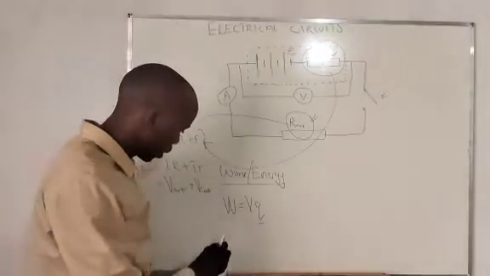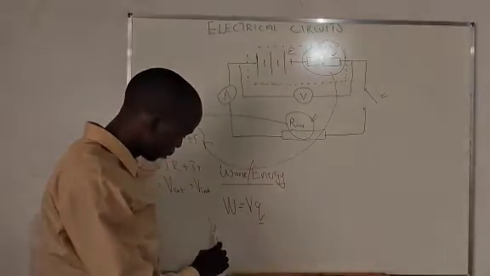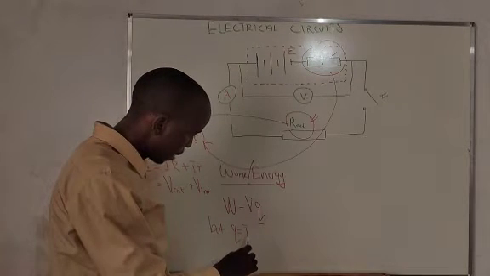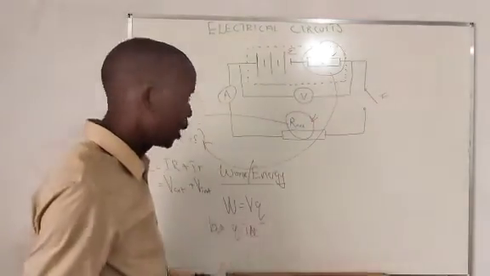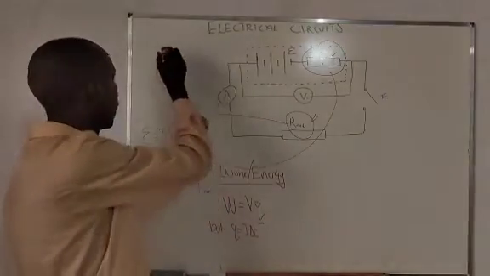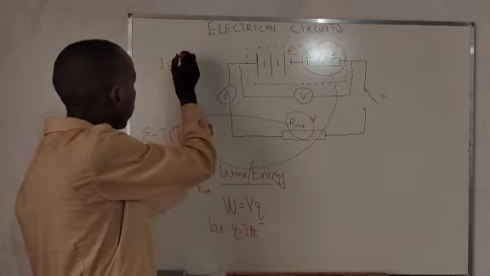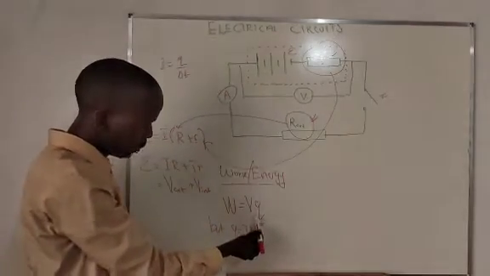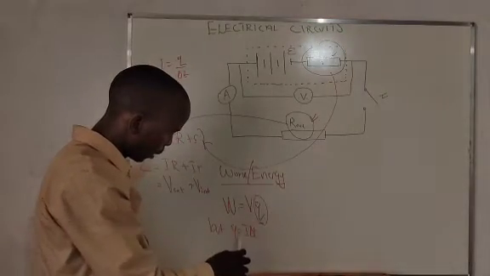We know that Q is equal to I times delta T. Remember, current is the rate of flow of charge. So we have charge and time, and we are going to replace this Q by I times T.